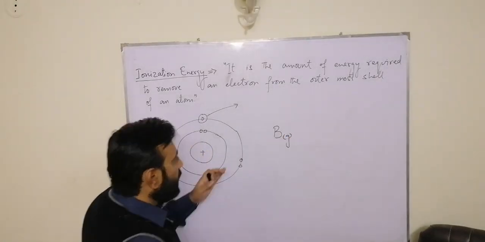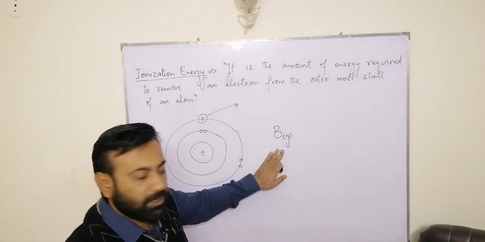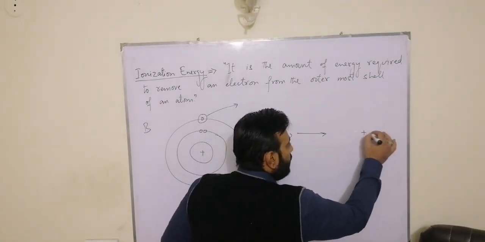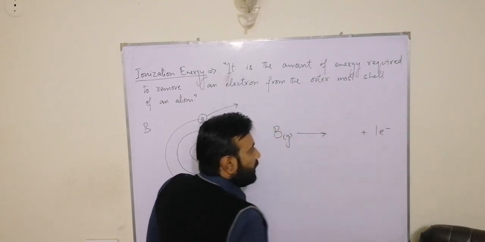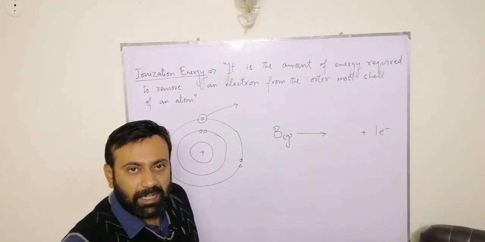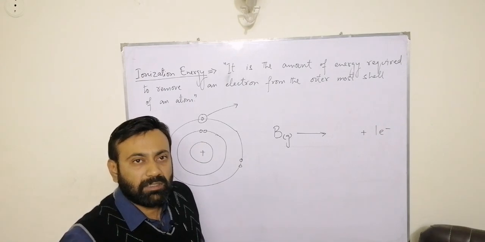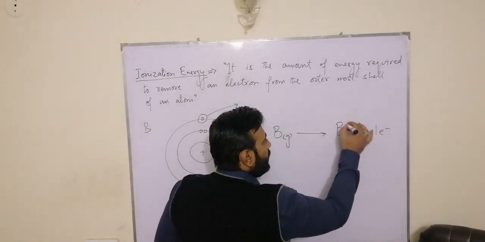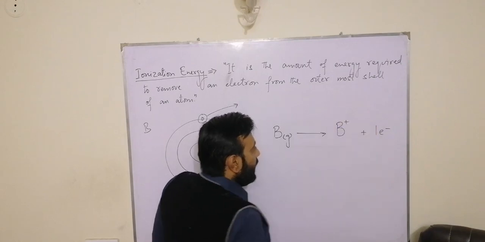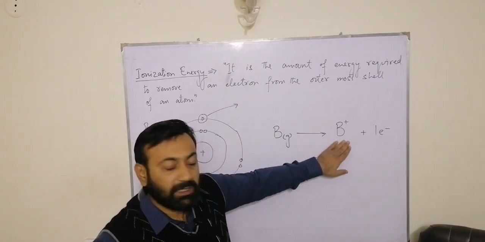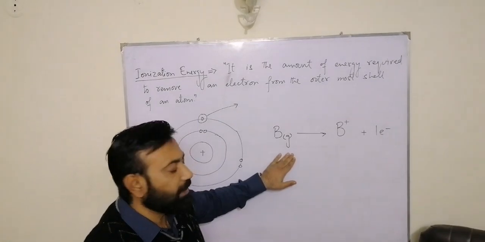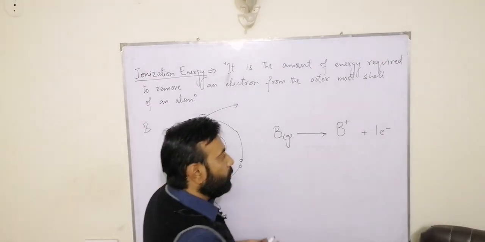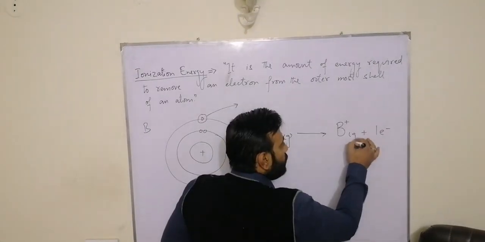This means a gaseous boron atom was here and it lost one of its electrons, and when any atom loses an electron, it becomes a positive ion. So it lost one electron, so it gained a charge of +1, and again this positive ion is formed from an isolated atom. That means it is an isolated ion, so the state would also be gas.